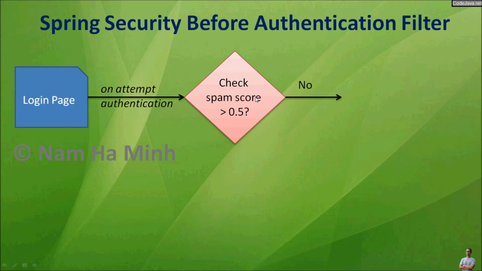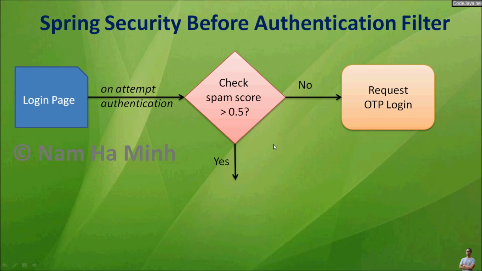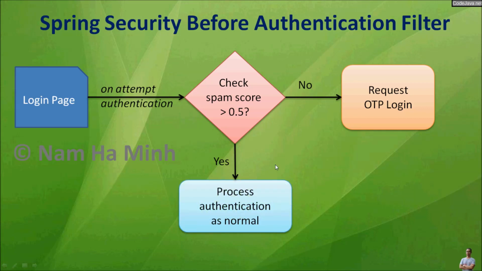If the spam score is less than 0.5, we want the user to use one-time password to log in. Else, if the spam score is greater than 0.5, we process the authentication as normal.